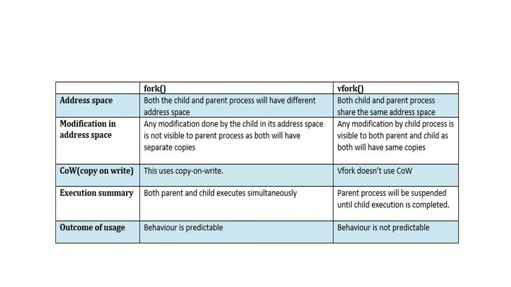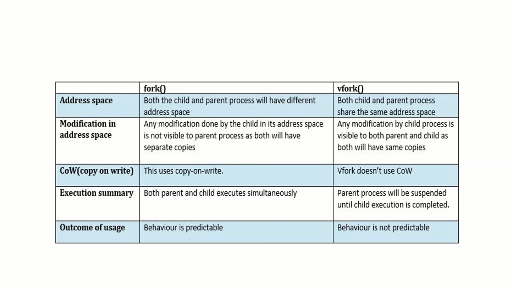Then copy on write, COW, how does this work? This uses copy on write. Which one? The fork function. Vfork does not use copy on write because a separate copy is not required, as both point to the same location.